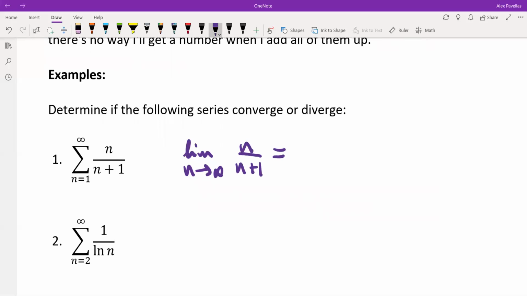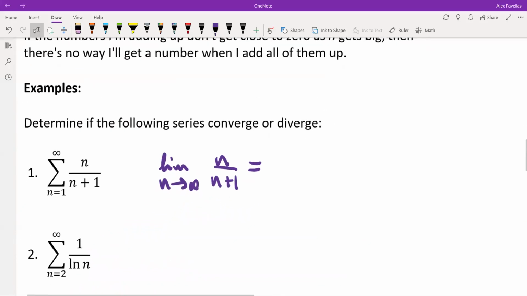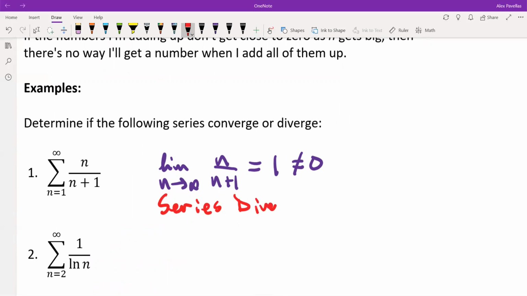All right, hopefully that's a nice easy limit to do. Everybody can tell that that's 1. 1 is not the same thing as 0, so the series diverges. All right, easy peasy.